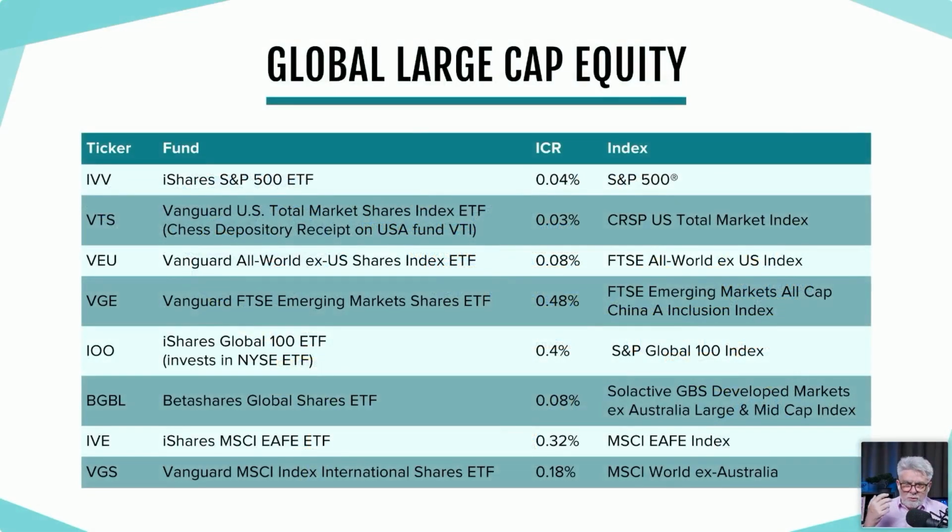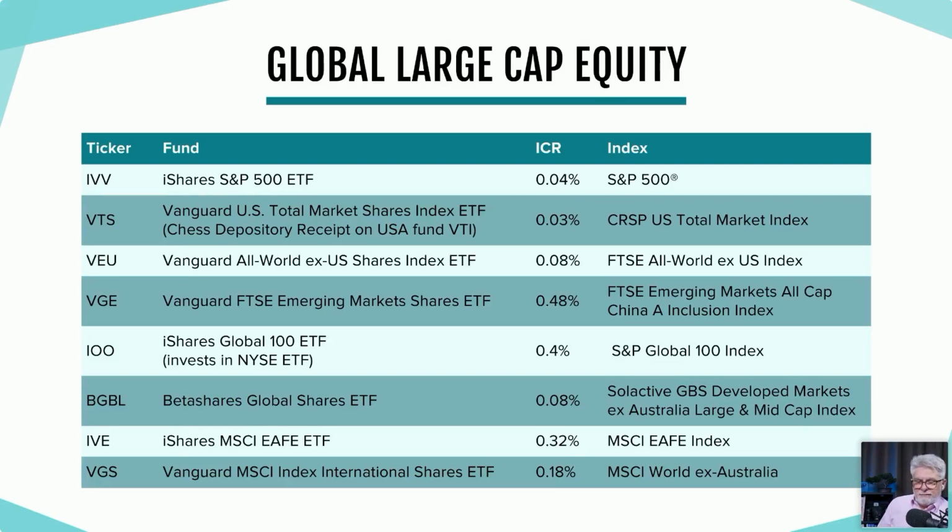So when we look at global, again sticking to large companies, the main products here, the US obviously big starting point. It's now about 70% of global markets. And the two main ways of getting access to the US specifically is through the iShares, the BlackRock S&P 500.